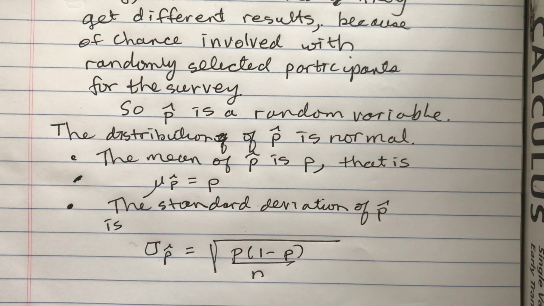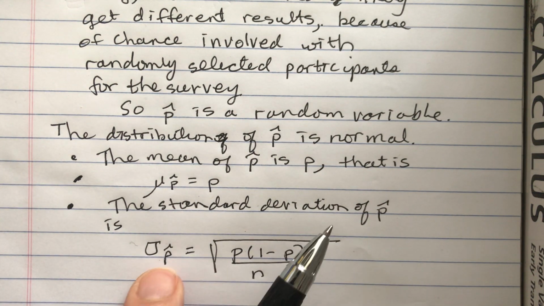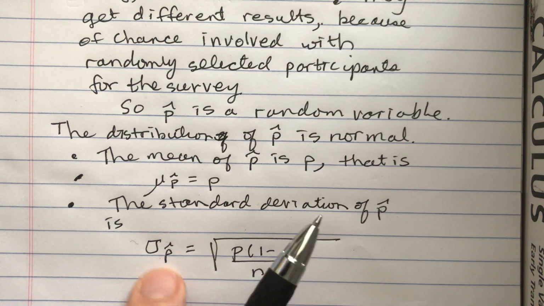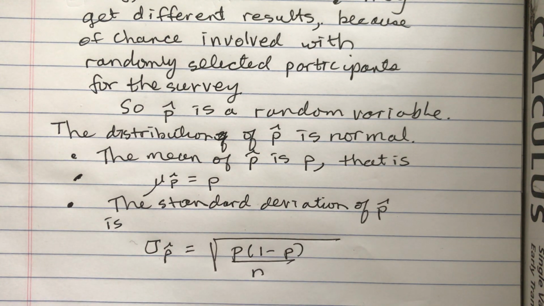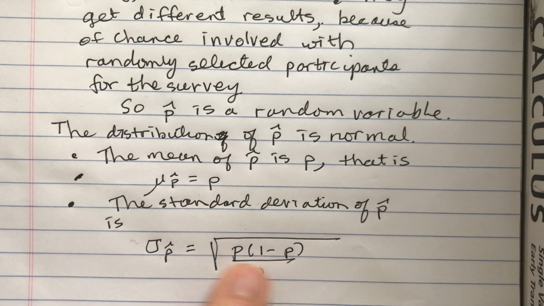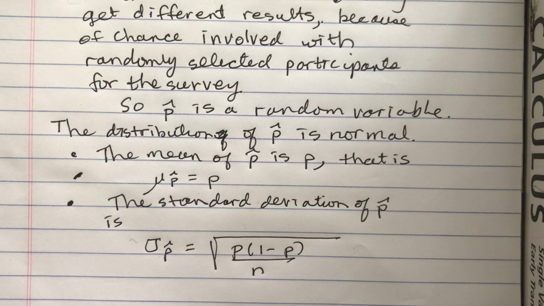Again, here we just did one survey, and usually that's the case. But if you were to do a bunch of surveys, like 100 of them, and you plotted them, they would form a normal distribution. And a normal distribution has a standard deviation, which says how spread out the data should be. And here's a formula for this, where p is the proportion of the population.